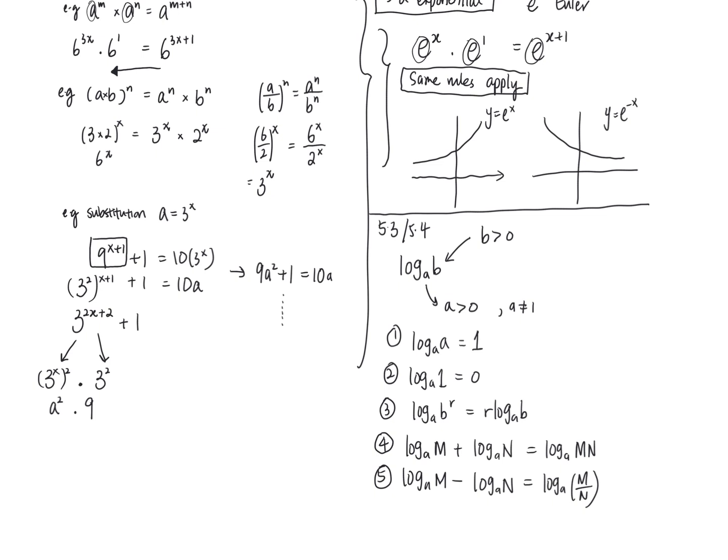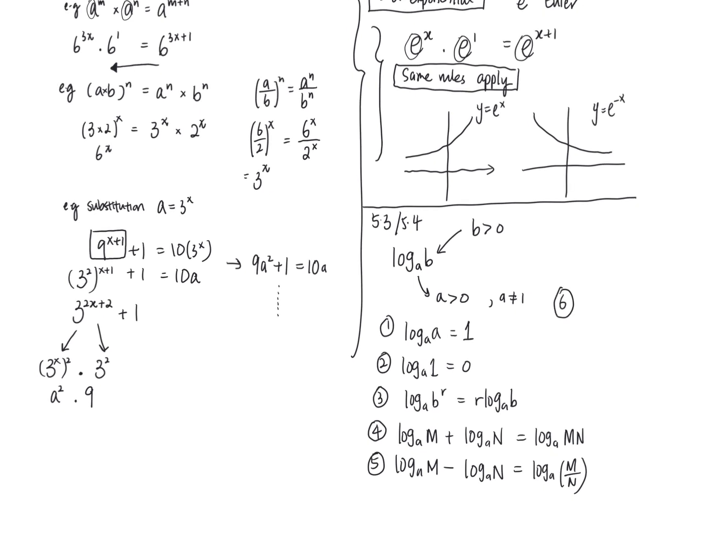Then of course if you have two expressions of the same base, you can equate these two together. That means m is equal to n. Okay, and then the very last one, I got one more. What is it?